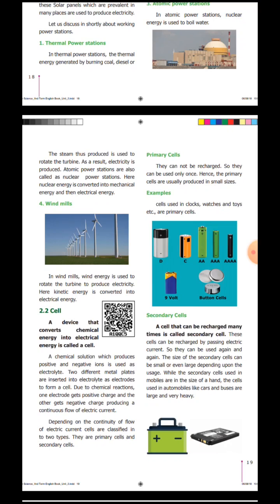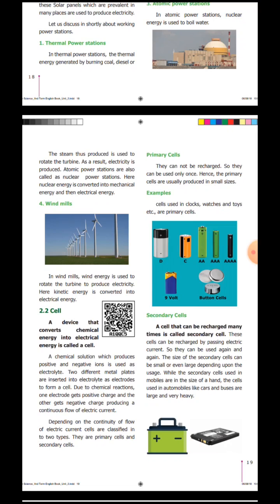As a result, electricity is produced. Atomic power stations are also called nuclear power stations. Here nuclear energy is converted into mechanical energy and then electrical energy.